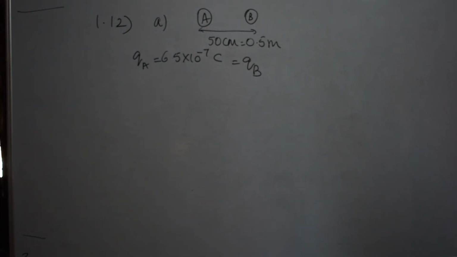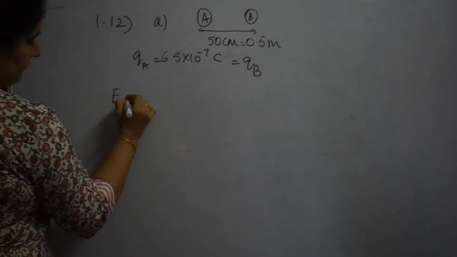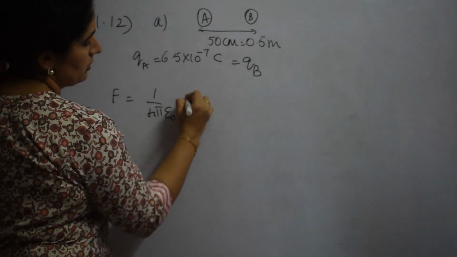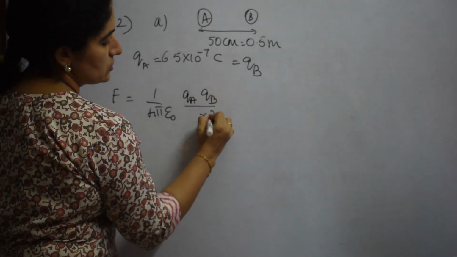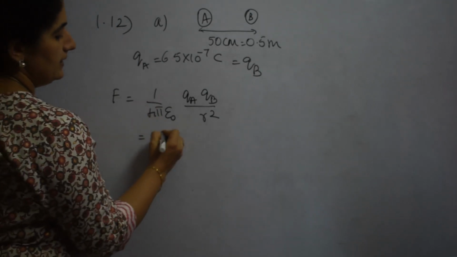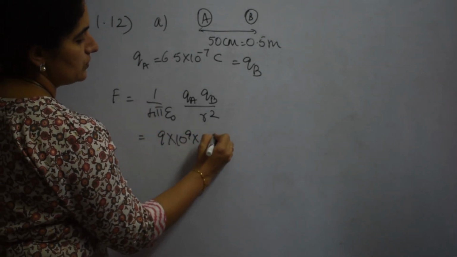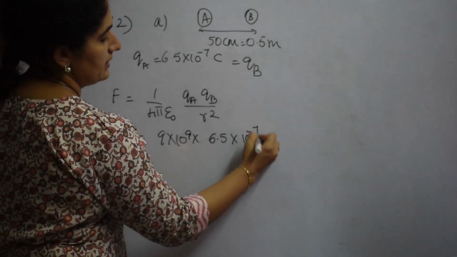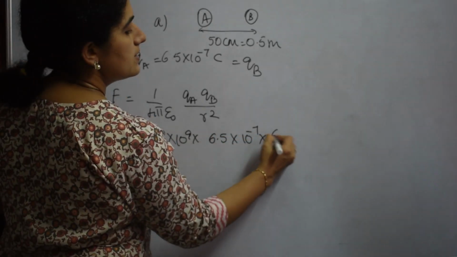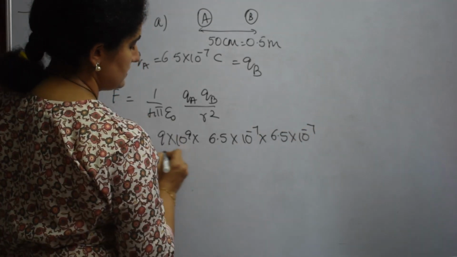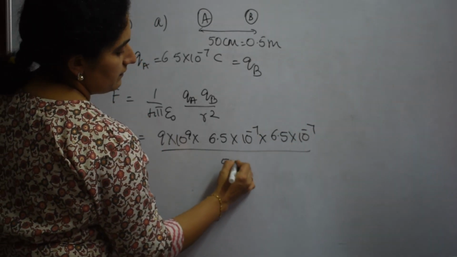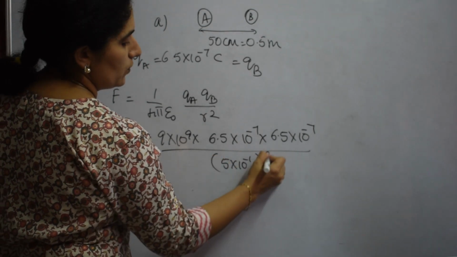Okay, so just substitute. F is equal to 1 by 4 pi epsilon naught QA QB by R square. 9 into 10 to the power 9 into 6.5 into 10 to the power minus 7, again the same, 6.5 into 10 to the power minus 7, divided by 5 into 10 to the power minus 1 whole square.